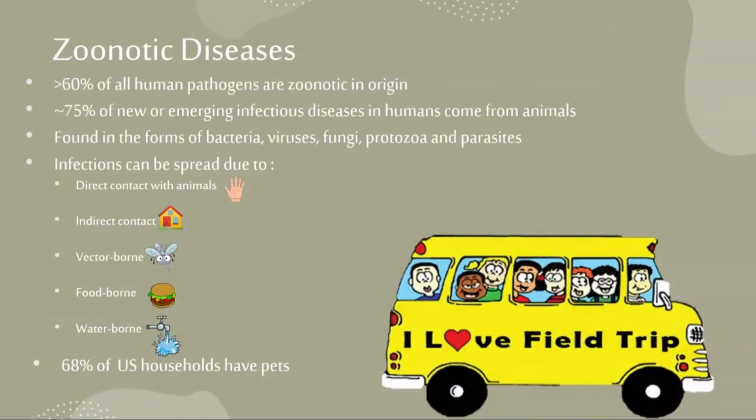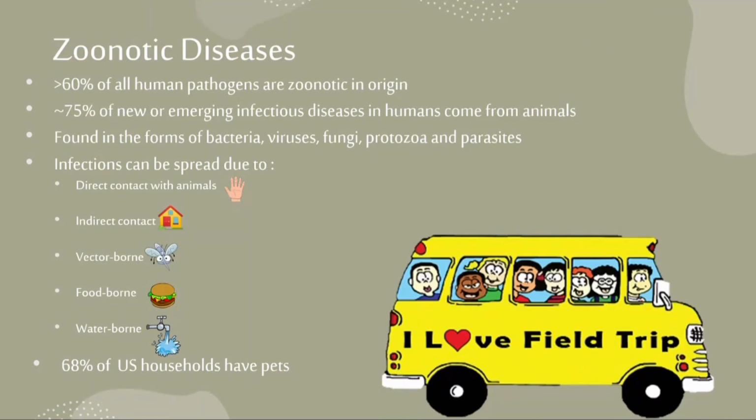So just an overview of zoonotic diseases. It's thought that greater than 60% of all human pathogens have a zoonotic origin, and about 75% of new or emerging infectious diseases in humans come from animals. We come into contact with animals every single day, whether that is your pet at home, some people are farmers and veterinarians, when we travel for sport and educational purposes, and this includes insects and bugs.